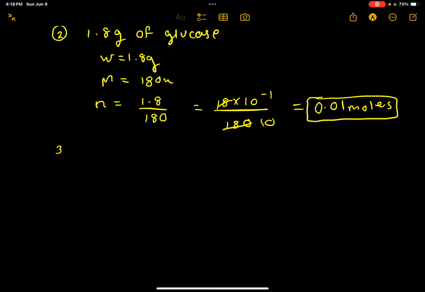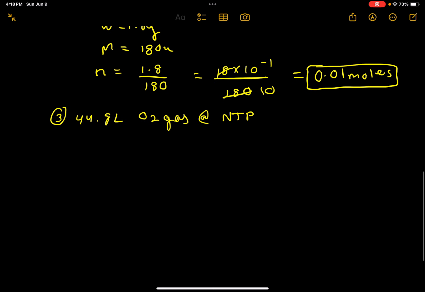The third one is 44.8 liter oxygen gas at NTP. NTP is the normal temperature and pressure, or standard temperature and pressure.